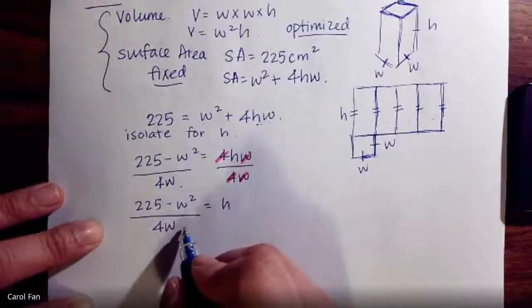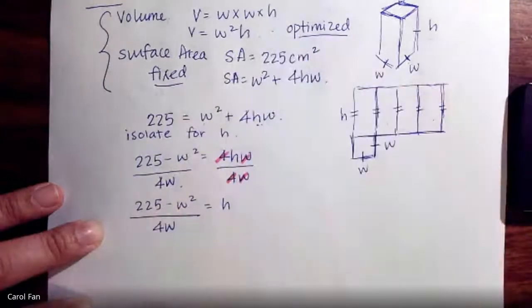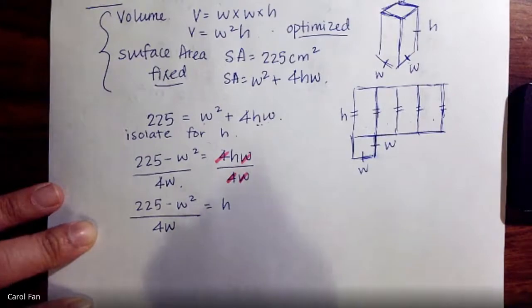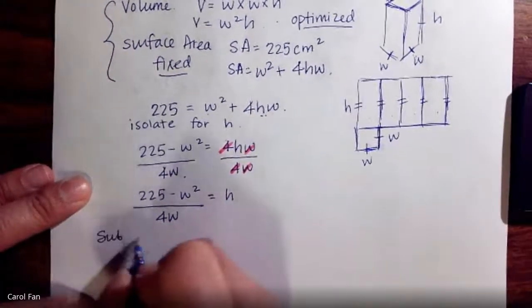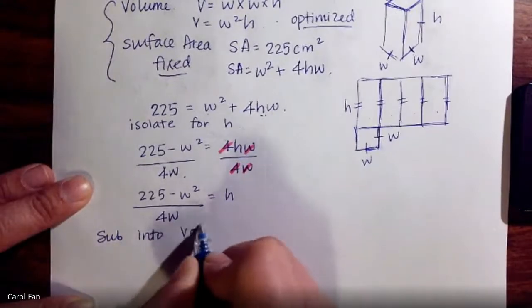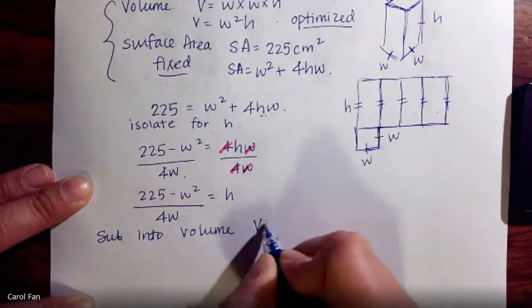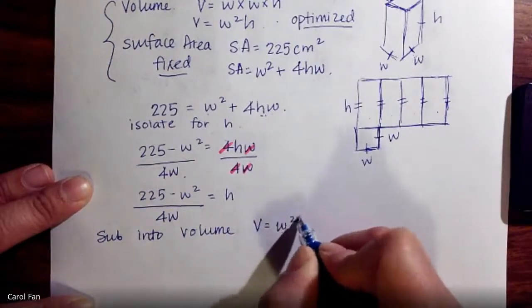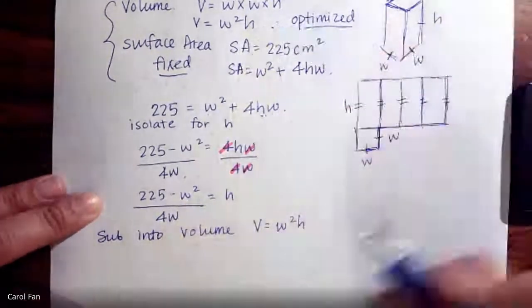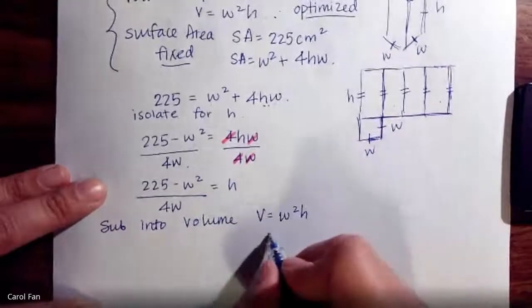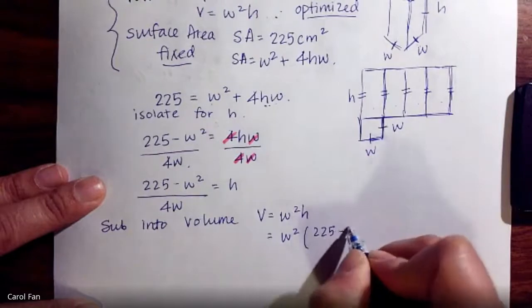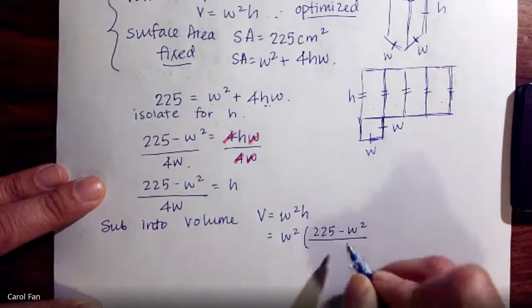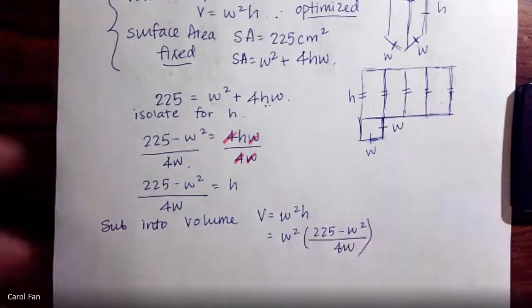Now this looks messy, but we're going to substitute it into this equation and let the graphing calculator do the rest. Okay, so our next step, sub into volume. Volume, we know, is W squared times H, as we've established there. So when I rewrite this, I have W squared times 225 minus W squared, all divided by 4W.